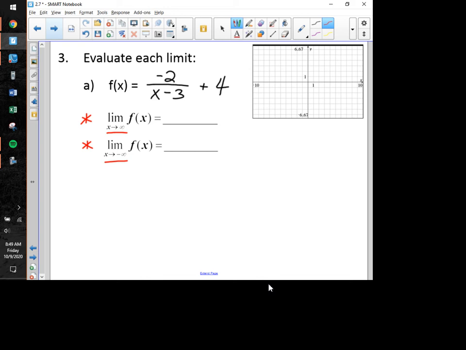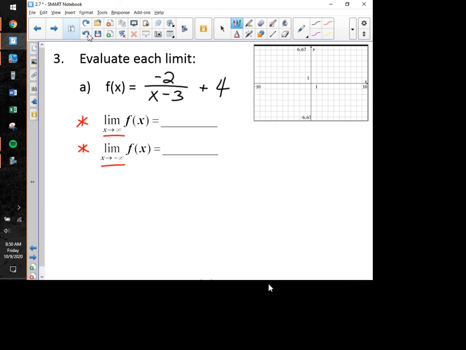Okay, and there's a reason I'm asking this as two separate questions. It really wouldn't be good form of me to write, what is the limit as x approaches plus or minus infinity of f of x? This is really two different questions that I just wrote here in blue. Sometimes those answers are going to be the same, maybe not necessarily always. So we'll just not make any assumptions and we'll see what we see here.